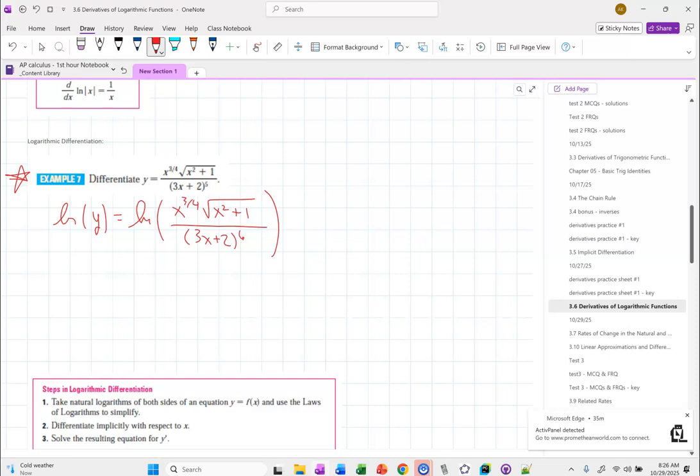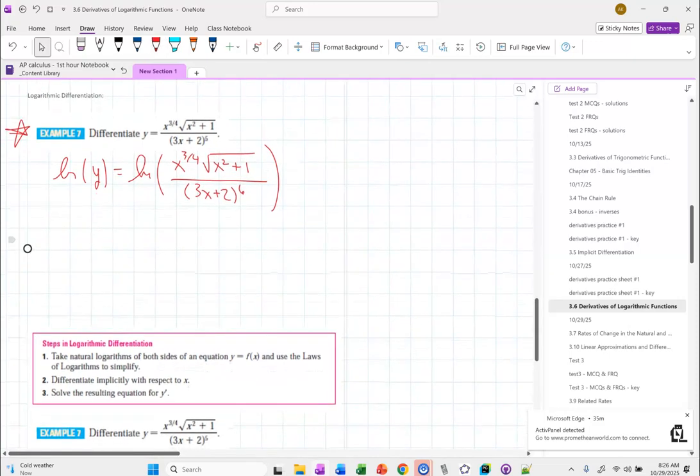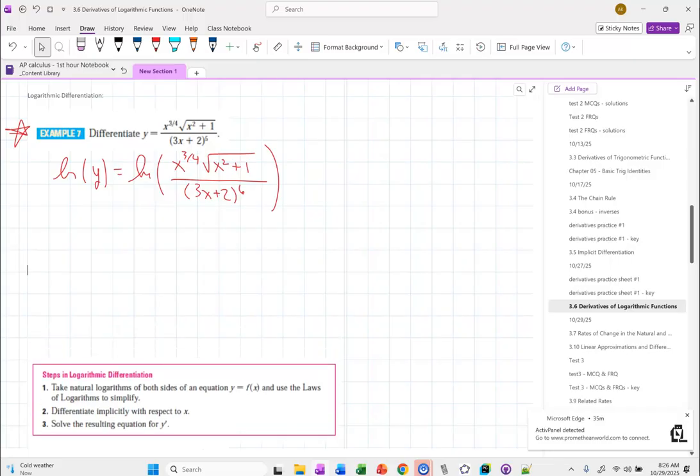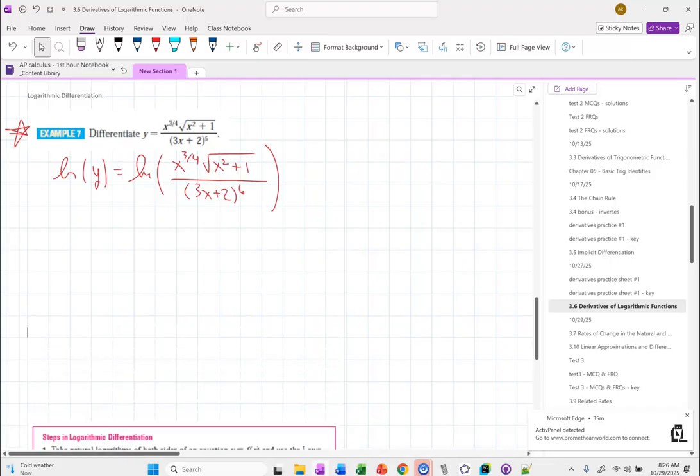Now, once I've done that, I'm going to apply my properties of logarithms on the right-hand side. When I'm using my properties of logarithms to expand a logarithm, the order in which I apply them typically is going to be quotient, product, power, in that order.